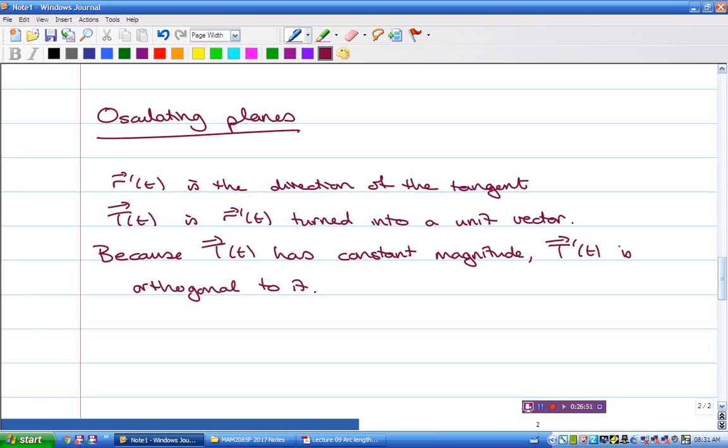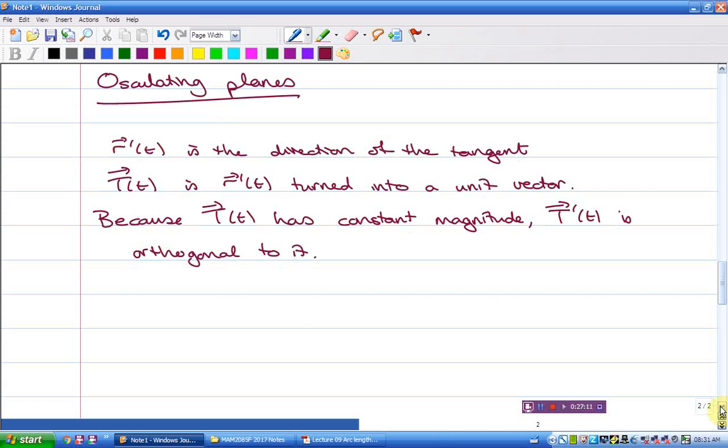I said a vector's derivative will be orthogonal to it if the original vector is constant in magnitude, which I wrote in terms of R, but here it is in terms of T. If we scale T dash of t into a unit vector, because just because T is unit in length doesn't necessarily mean its derivative is, so you take the derivative of T, you turn it into a unit vector.